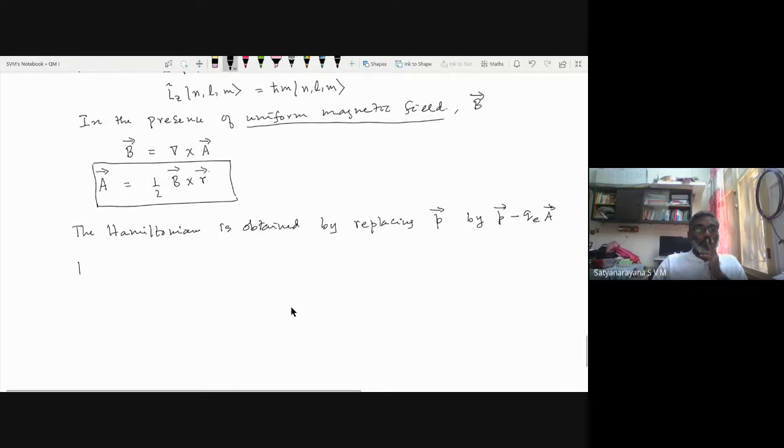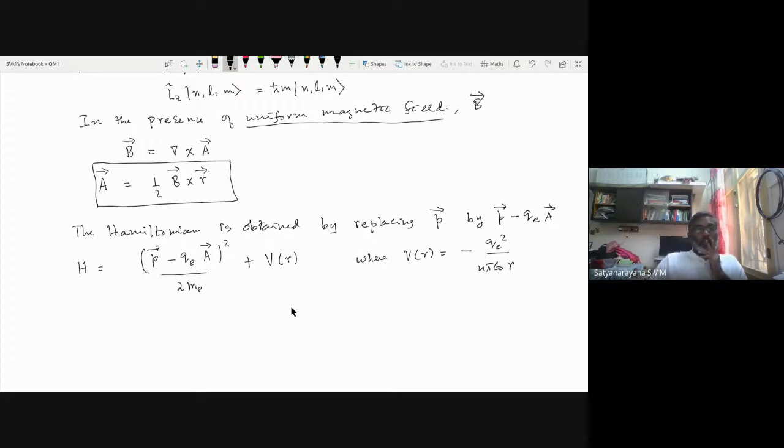So the Hamiltonian is given by (p minus q_e A) the whole squared, divided by twice m_e. I'm assuming that the proton is infinitely heavy and all that, plus of course V(r). And V(r) is minus q_e squared divided by 4 pi epsilon naught r.